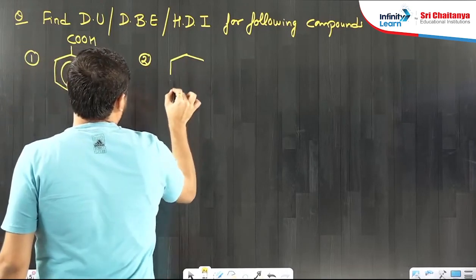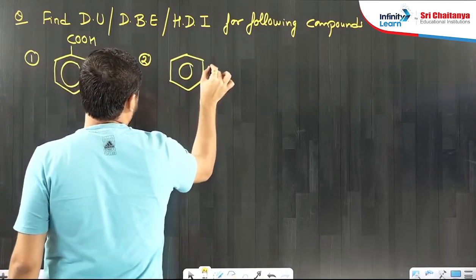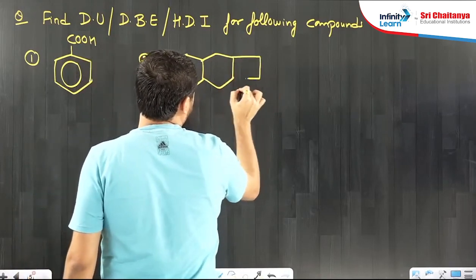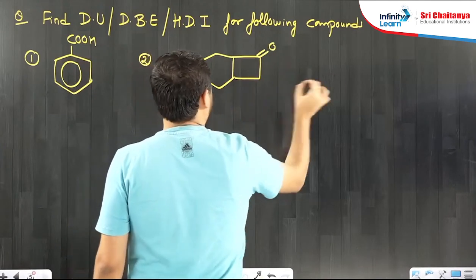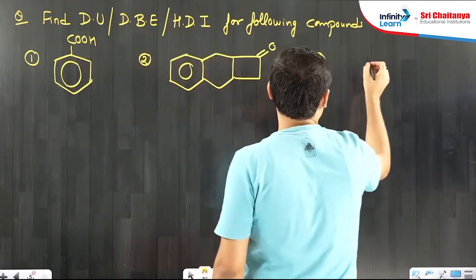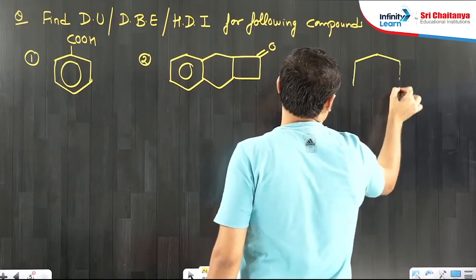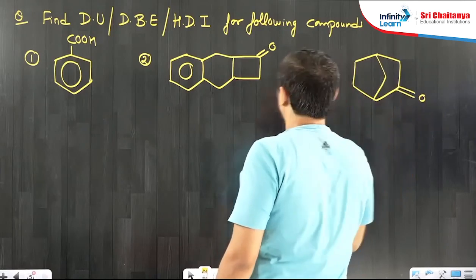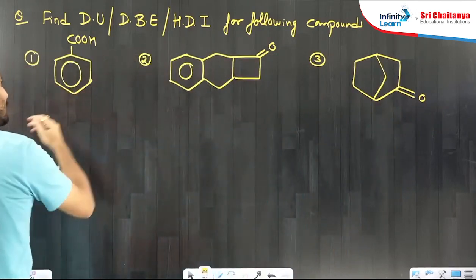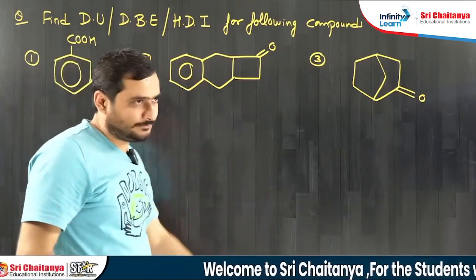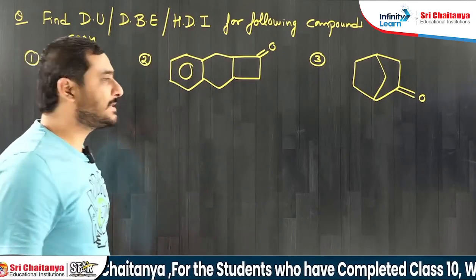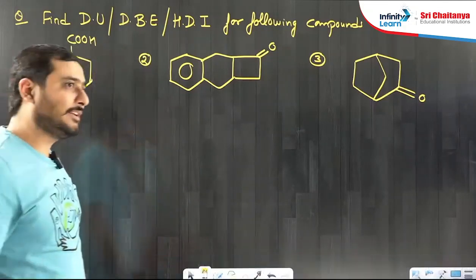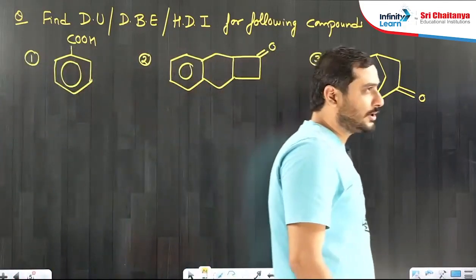Second structure is, next structure, next. So first solve these three, then we'll go to next. So these are important when structure is given, how to find degree of unsaturation. Try to solve. Then I will write some other examples also. First you have to solve these three.